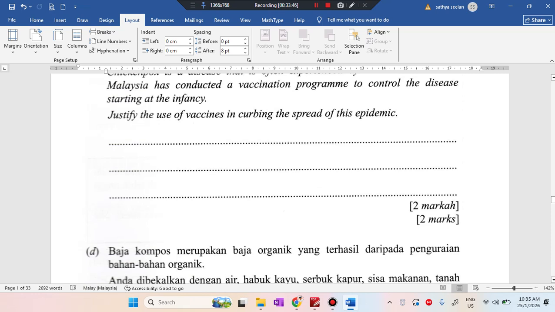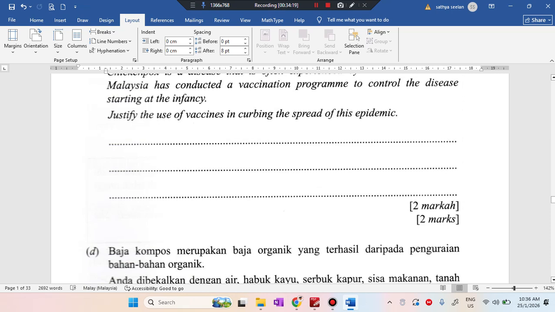What does vaccine actually do? You all pernah kena suntik vaksin kan? What vaccine akan buat? No, actually vaccine is what? The weakened and dead microorganism, usually virus lah. So it will be injected in our body for what? To increase our immunity to fight the disease or not. Correct or not? So you need to tell lah.